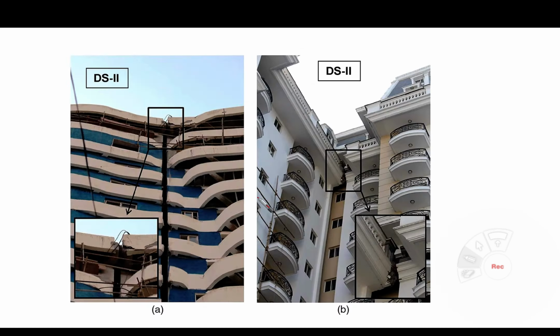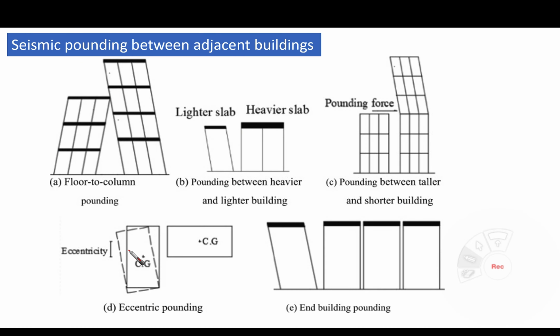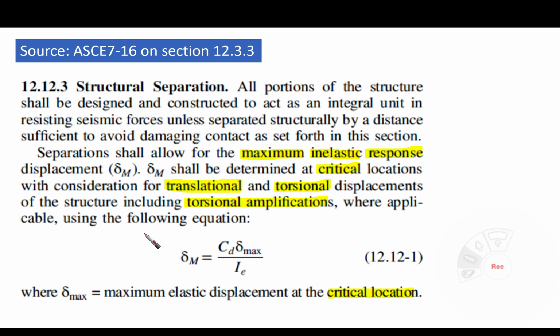If we're going to talk about this case, for example, you need to think about this edge. How much, under the torsion, under the amplification of torsion, would the inelastic displacement take place here, of the structure, including torsional amplifications, where applicable, using the following equation. And we understand this equation very well already. I have explained it two or three videos back.